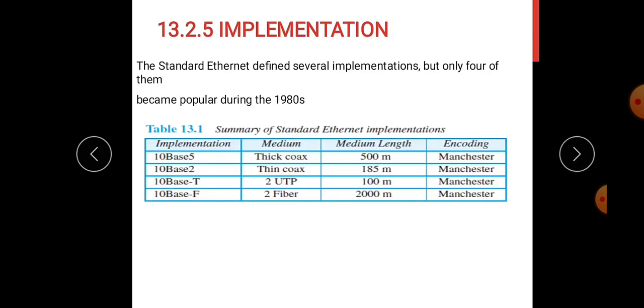The next figure will show the standard Ethernet implementations. So standard Ethernet defines several implementations, but only 4 of them became popular in the 1980s. Those schemes are shown over here.